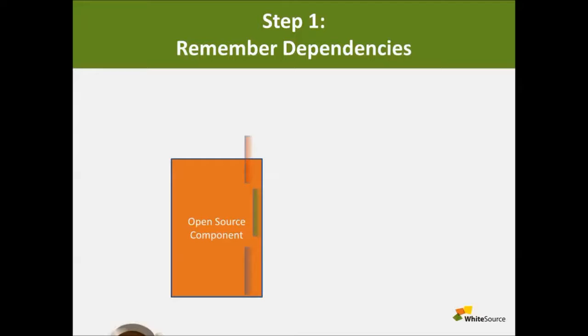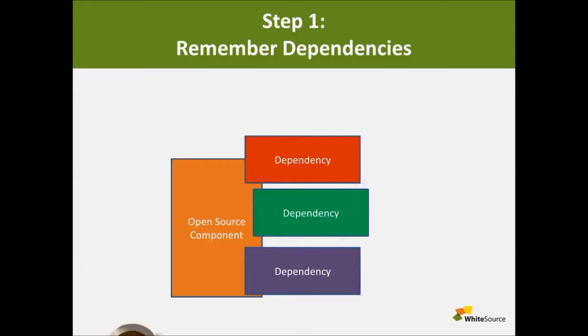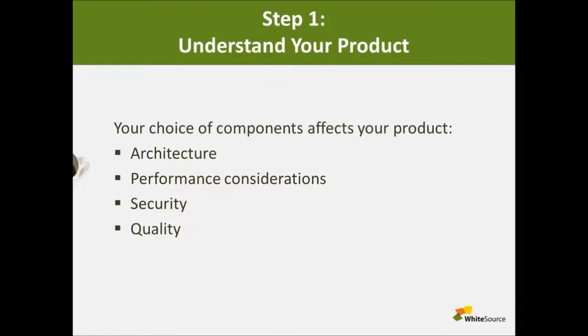Keep in mind that open source is software in its own right and can depend on other bits of open source, which can depend on more open source components and so on. So even if you directly track the components that developers bring in, it's virtually impossible to track all of the transitive dependencies that eventually are embedded with your distribution.